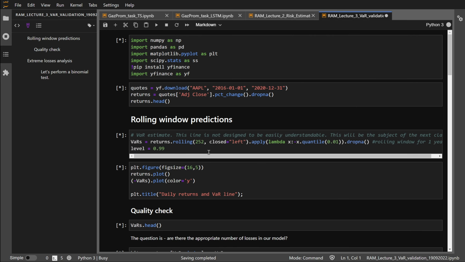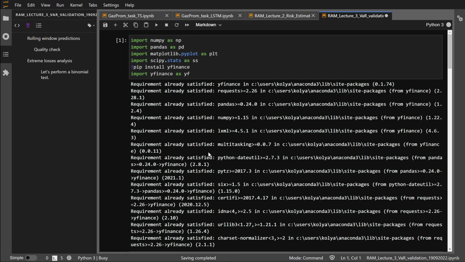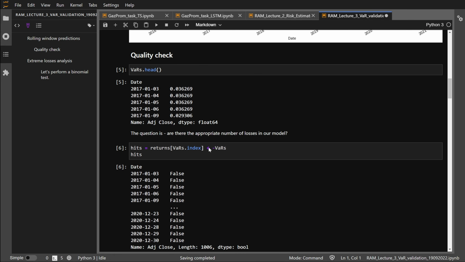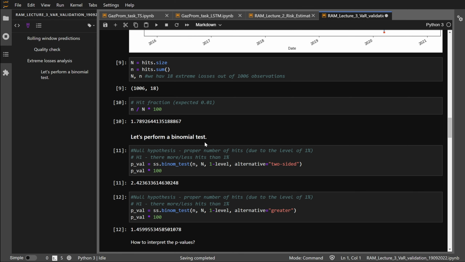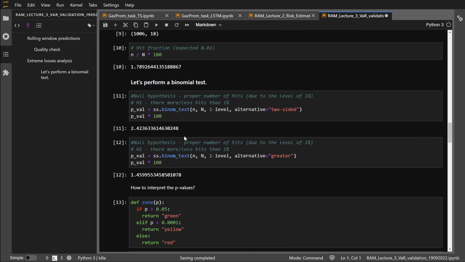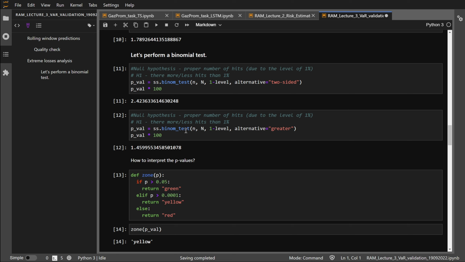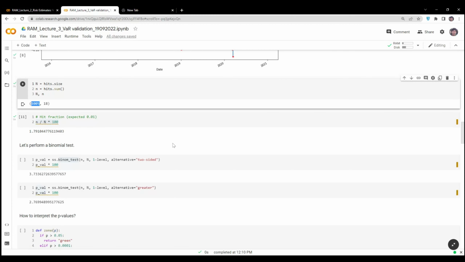So if I'm expecting 99% confidence, and I see too many hits over my sample, that's going to tell me that my model actually provides a lower confidence level, and probably I should do something about this model.